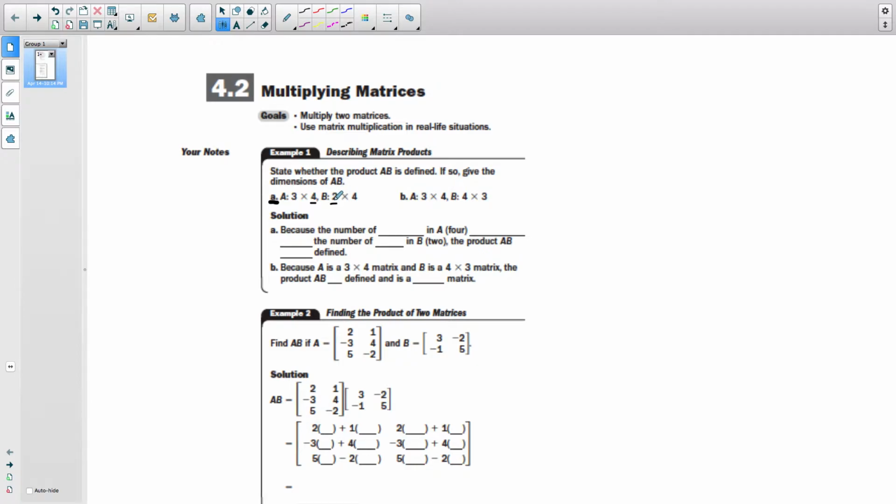If you write out the dimensions side by side, you want to check that the two numbers in the middle are the same. Matrix A has 4 columns, matrix B has 2 rows. Those numbers don't match, so this product is undefined.